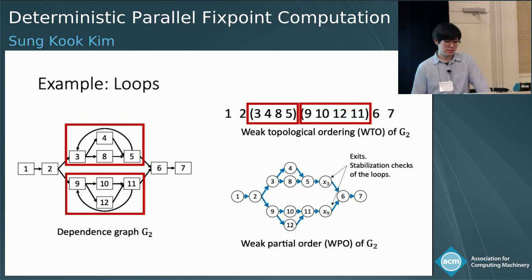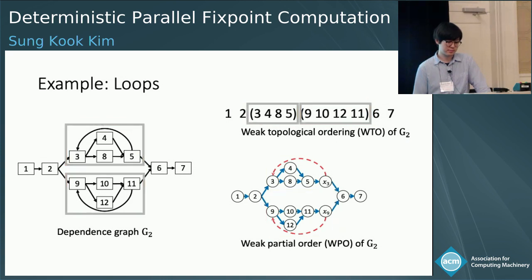Then we add these red dotted edges to show that there is a loop. The way it works is when the checks succeed in the exits, it allows you to proceed to the successor. And if the checks fail, you iterate over the loops again. And each loop will be iterated in parallel.